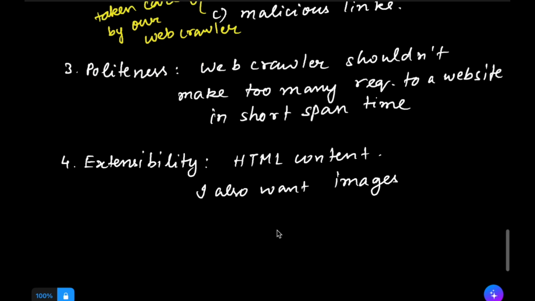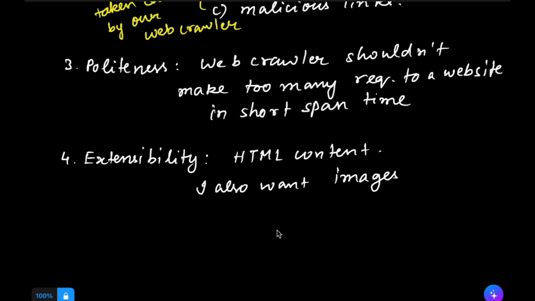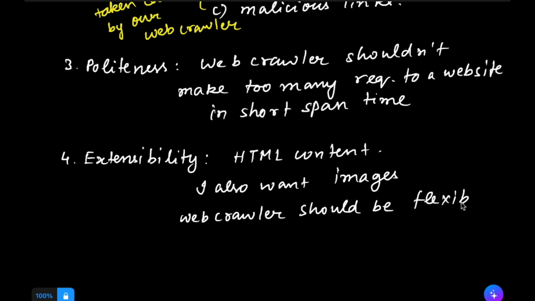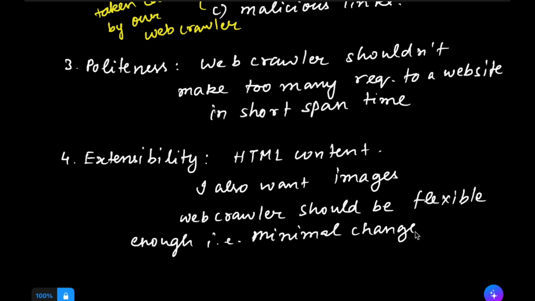What extensibility says is that my web crawler should be flexible enough that, with minimal changes, I can include image content also.